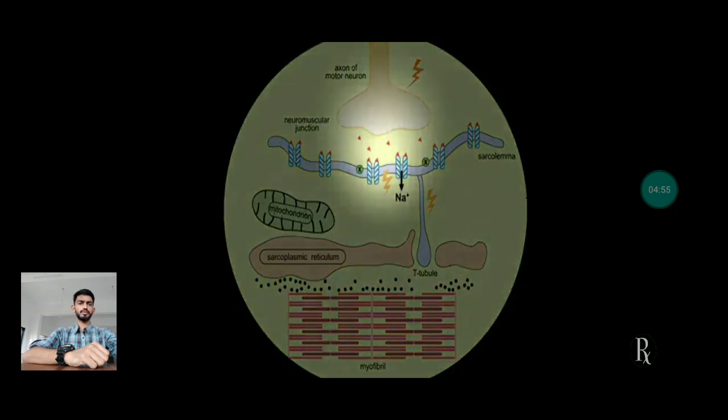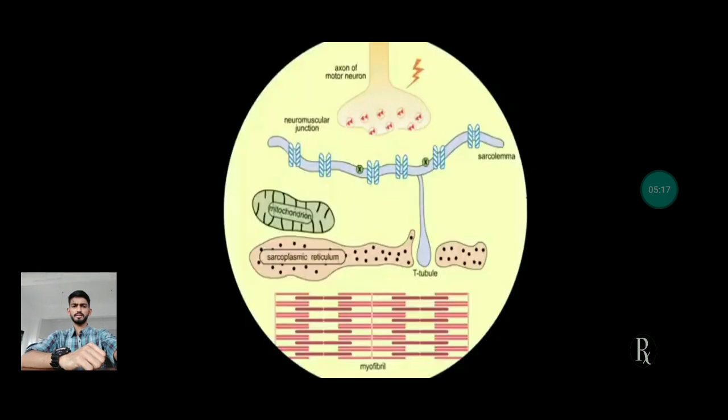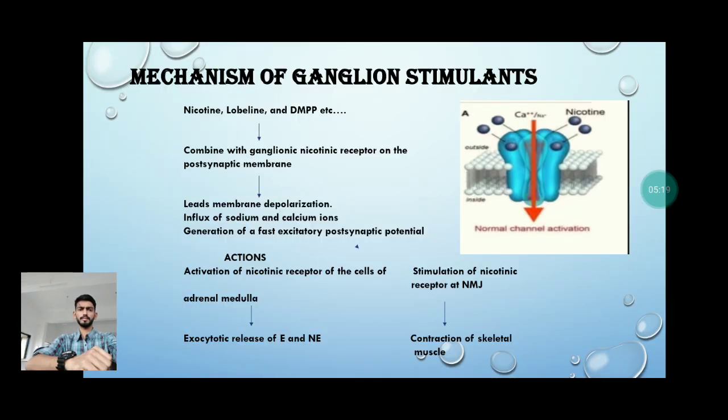So as shown in this video, the neurotransmitter acts on the postsynaptic vesicle and causes release of neurotransmitters like acetylcholine, which triggers sodium influx and depolarization takes place, and from there calcium ion influx takes place, which causes the contraction of skeletal muscle.